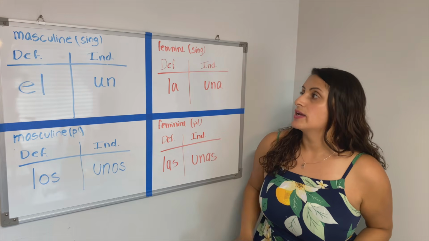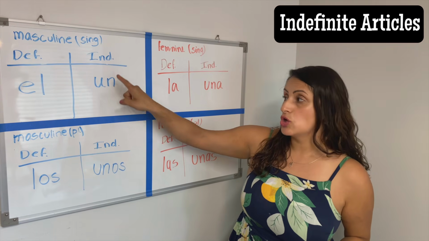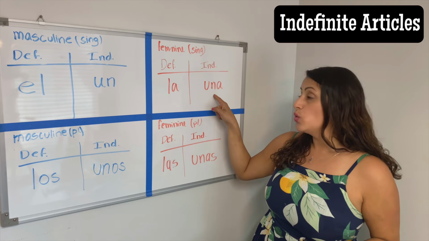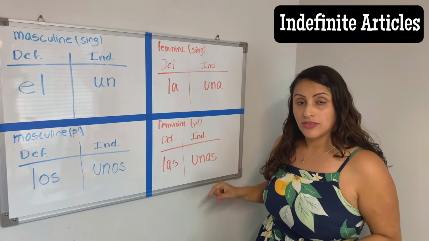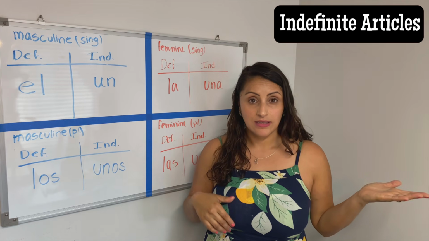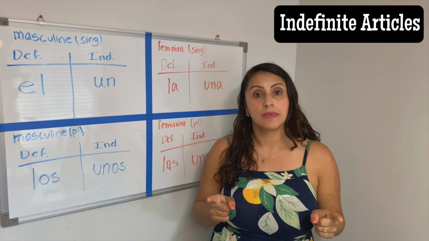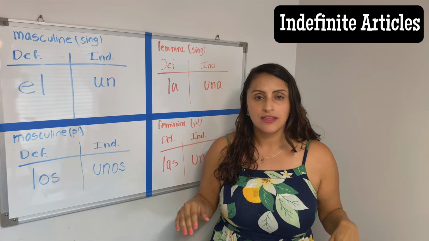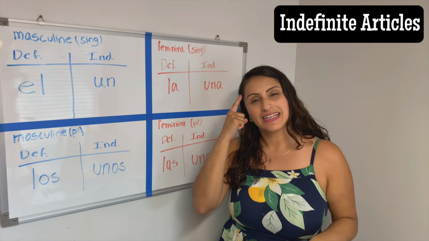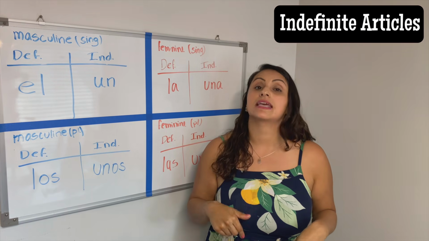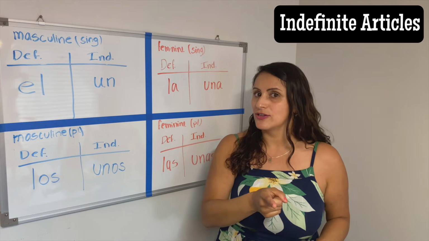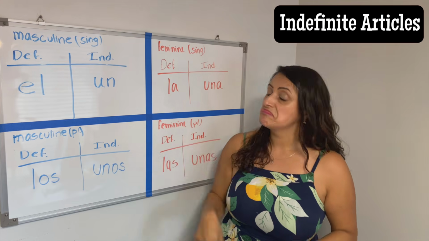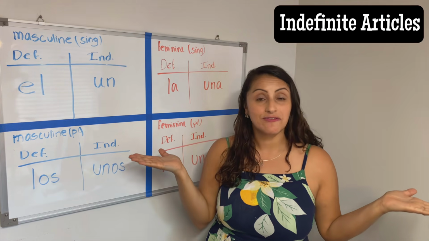Now, we have the indefinite articles. Un, una, unos, and unas. Those could mean a, an, or some. They are not definite, they're not specific, and you can kind of think back at our example about ice cream. Definite, you know what flavor you're talking about. Indefinite, you're happy with any flavor of ice cream.